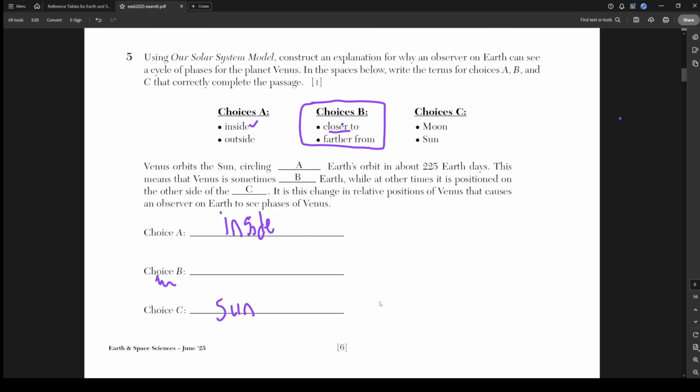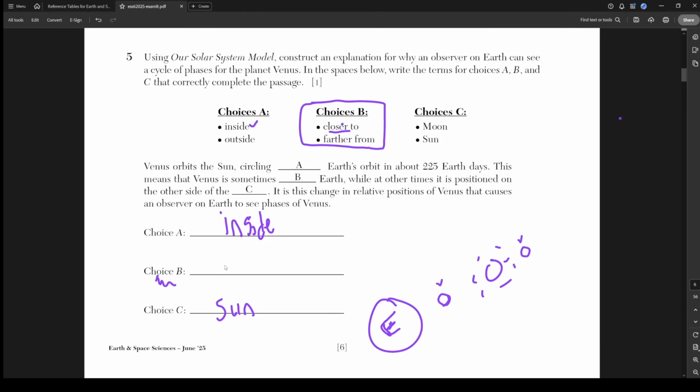So if this is the Earth right here, and this is the sun, it's saying since Venus is inside the Earth's orbit, sometimes it's closer to the Earth, while at other times it's positioned on the other side of the sun, referring to it like this.